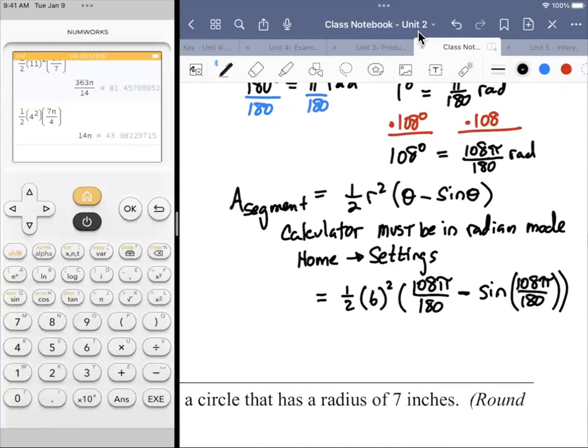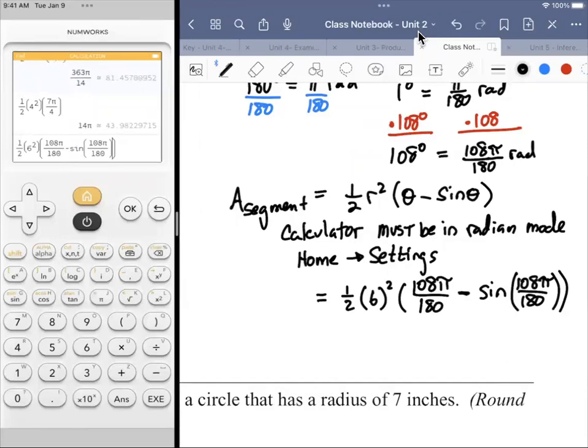So I'm going to pop it all in. 1/2 times 6 squared. Power inside or outside, it doesn't matter in this instance. Times 108 pi over 180, minus the sine of 108 pi over 180. Close it up.